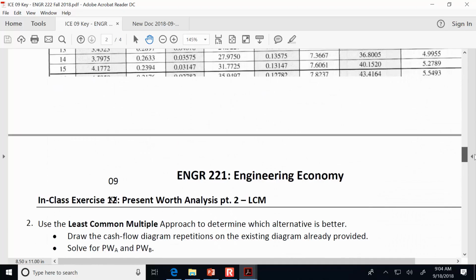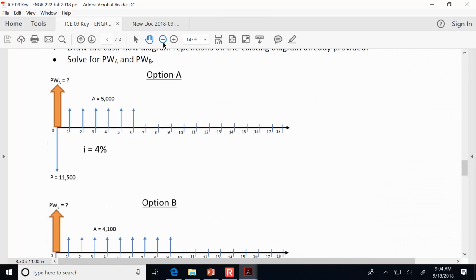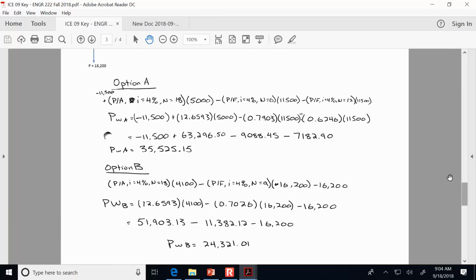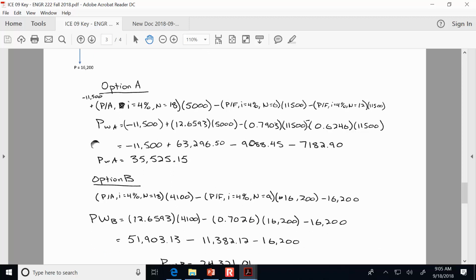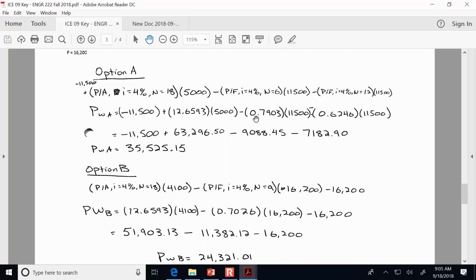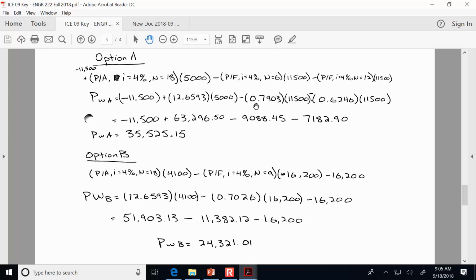All right, so here's option A versus option B. Boy, that's kind of messy.